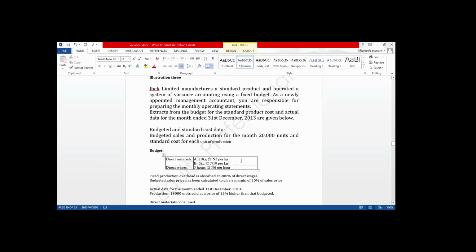For material B, you require 5 kg, and the price per kg of material B is 10 naira.